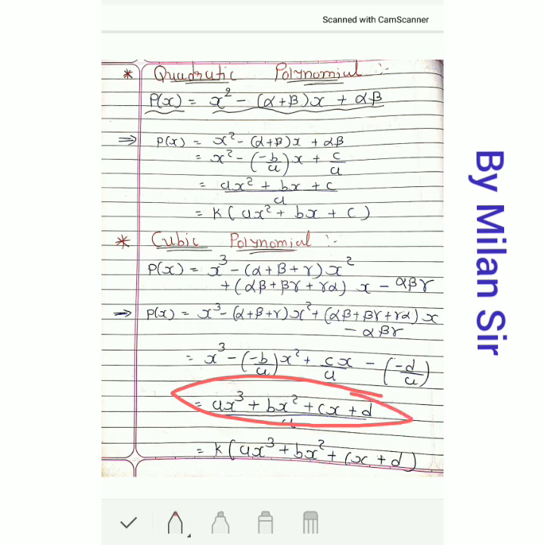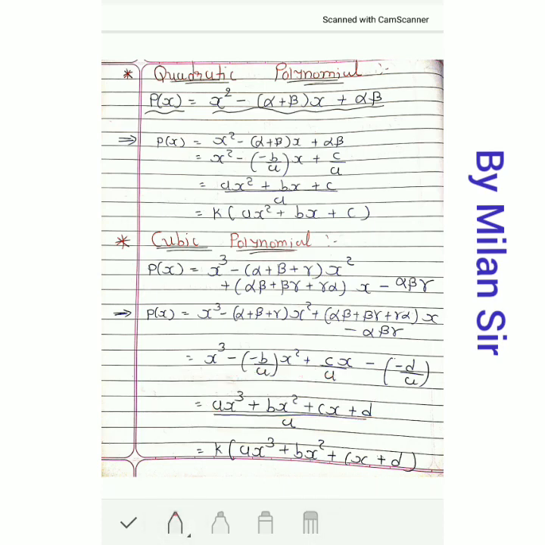So our LCM is a, that's why I'm writing a here, and in the numerator this a is multiplied with x cube, that's why ax cube, then minus minus plus b, plus c as it is, minus minus plus d. Okay, so finally we get ax cube plus bx square plus cx plus d, and in the denominator divided by a.